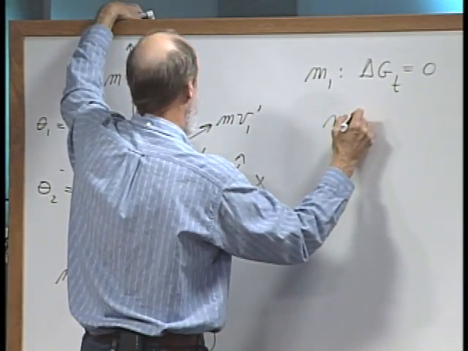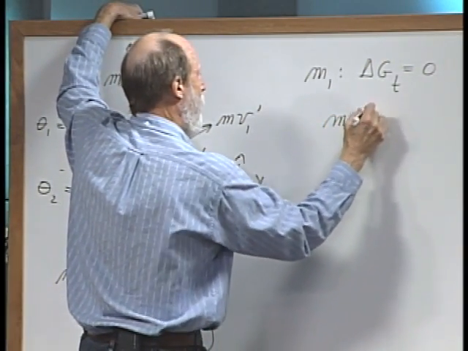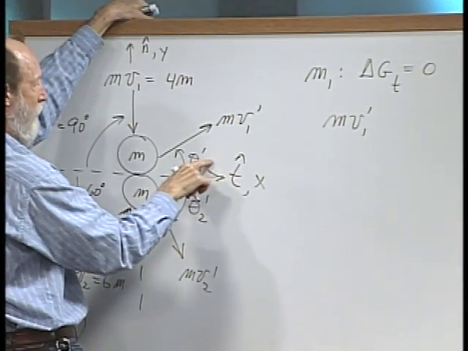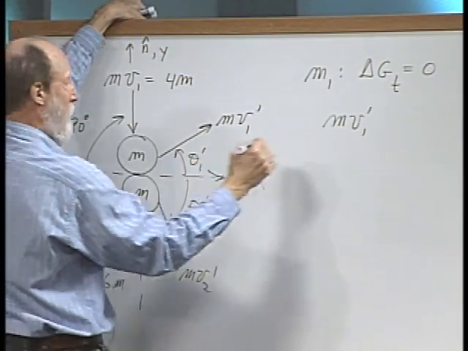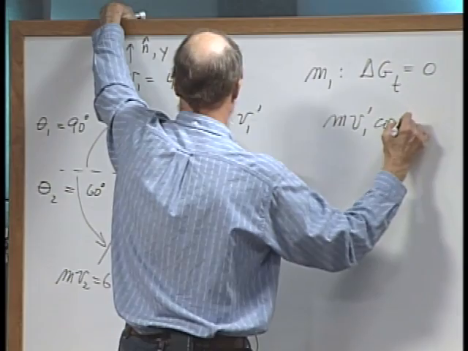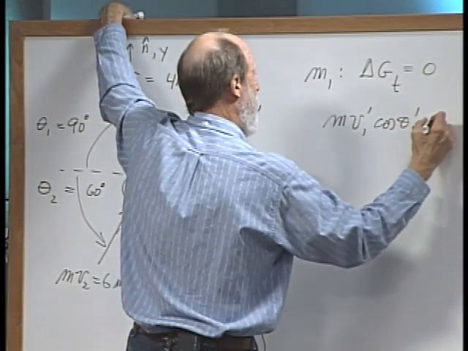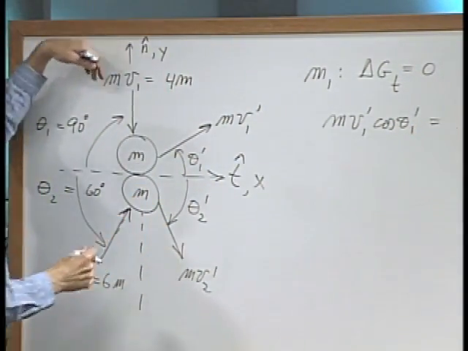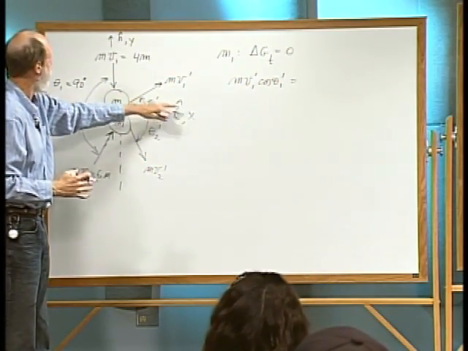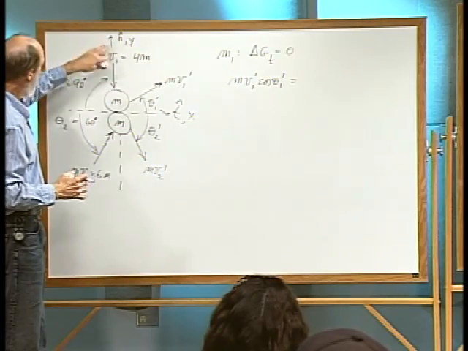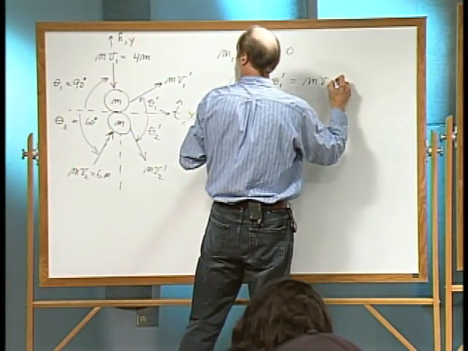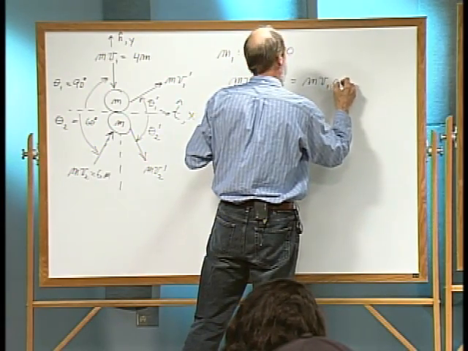That's m v1 prime cosine theta 1 prime, which must equal the momentum in the tangential direction coming in, and that was m v1 cosine of 90 degrees.